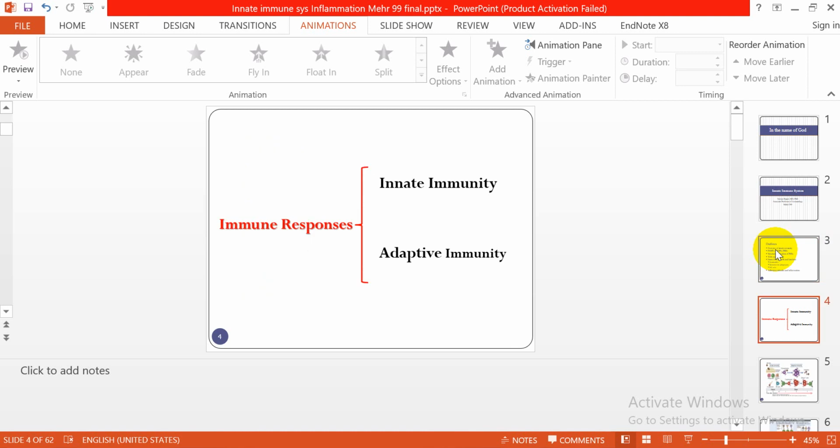You know that the immune responses can be categorized into innate immune responses and adaptive immune responses. The first line of defense against pathogens is innate immunity.